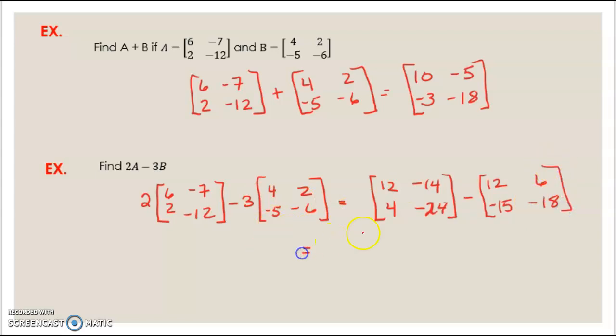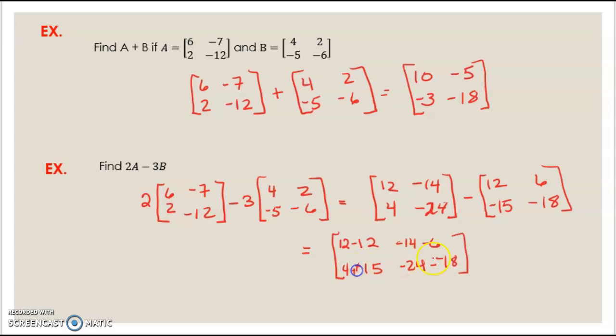So when you're putting them together, 12 minus 12 is what goes here. Negative 14 minus 6. 4 minus a negative 15. And then negative 24 minus a negative 18.